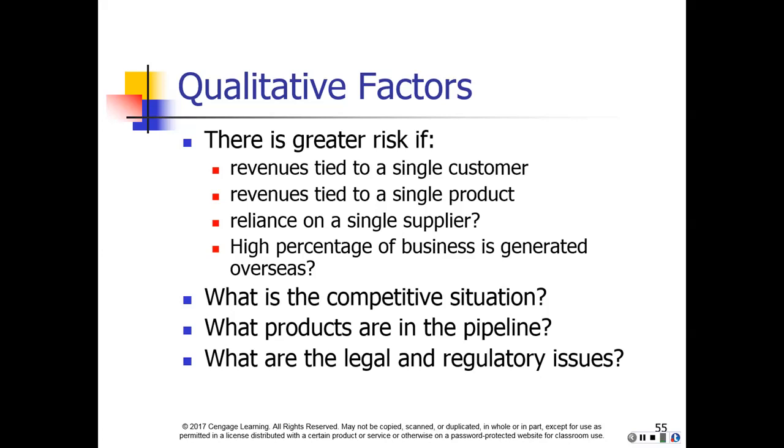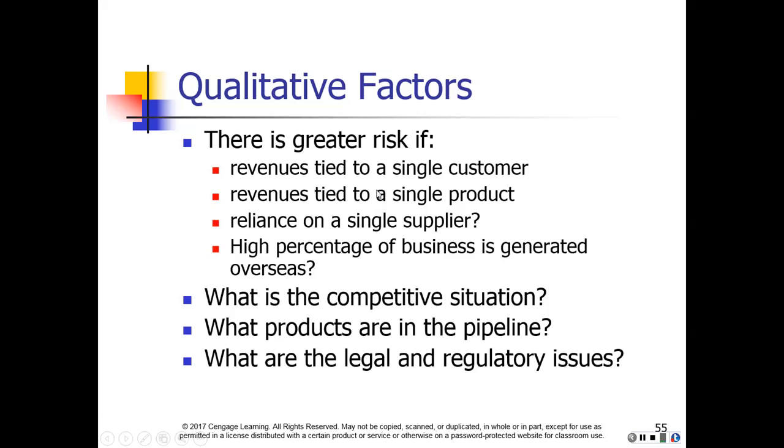So if you're a tire manufacturer and all of your sales are to Toyota Motors, then there's quite a bit of risk if Toyota Motors has problems financially, or they simply decide that you're not the supplier they want, something like that. Of course, that kind of stuff does not get captured in ratio analysis, right?